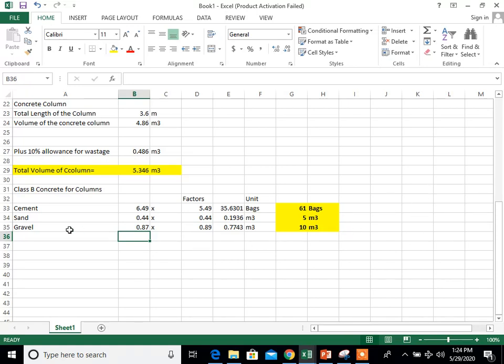So for the number of bags of cement, the total volume must be 5.346.